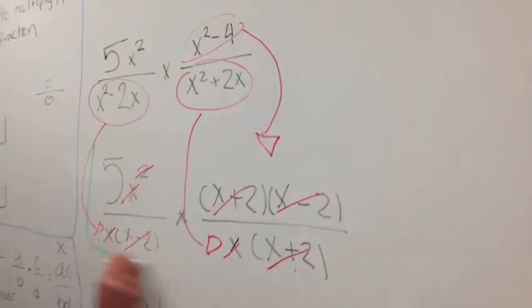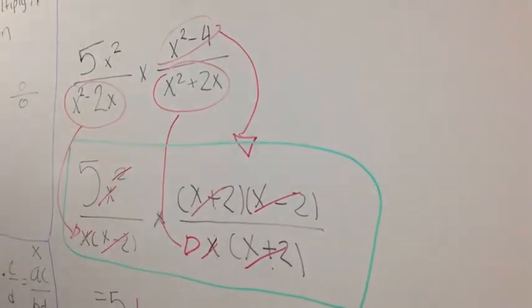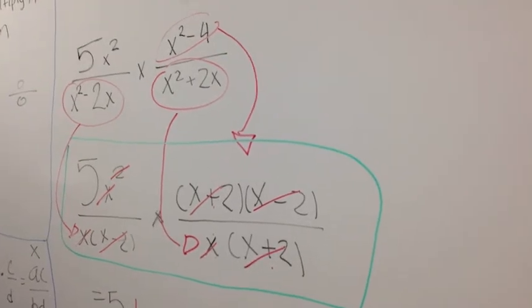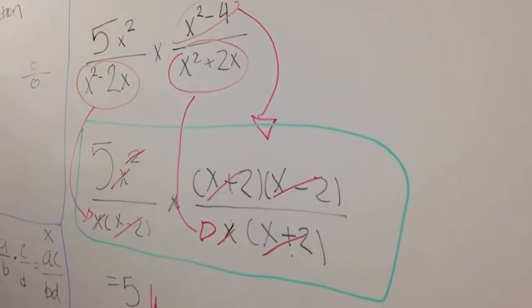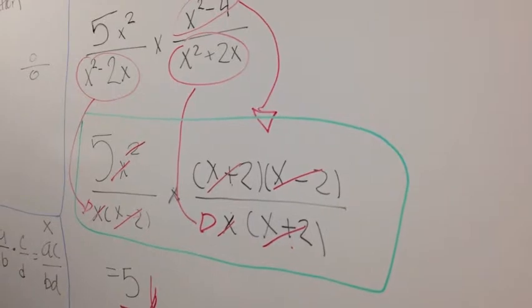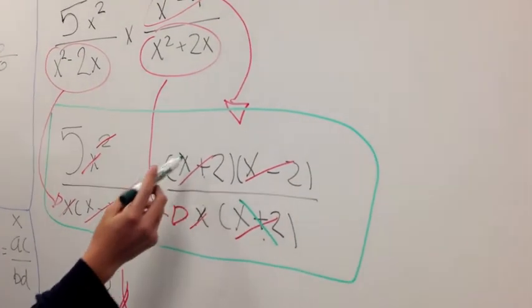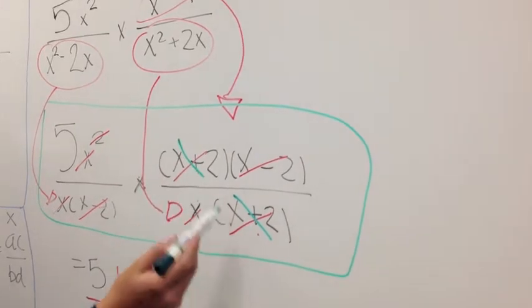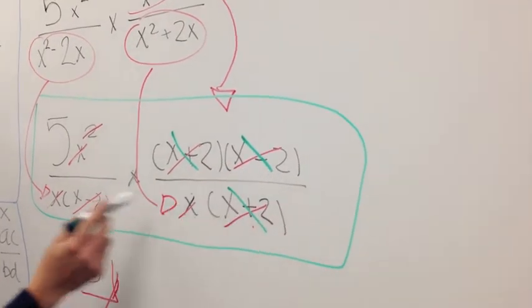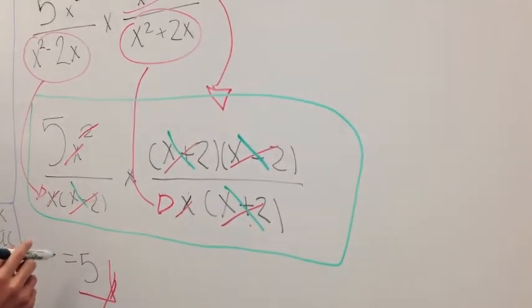Now we are here, and what we do is look for common factors to cancel. This number can be cancelled out with this one, x minus 2 with this x minus 2.